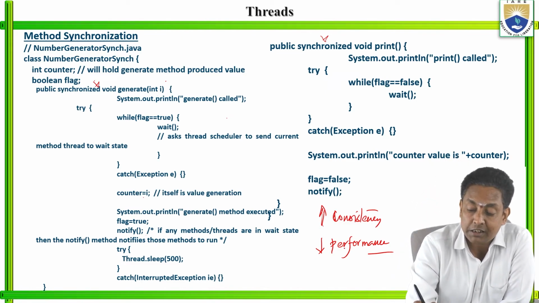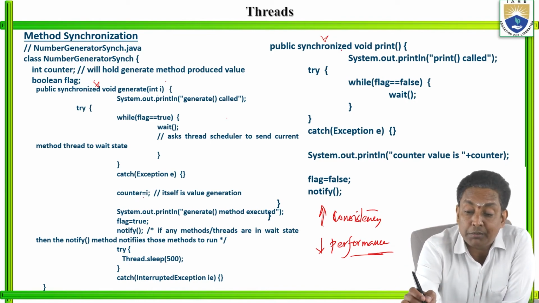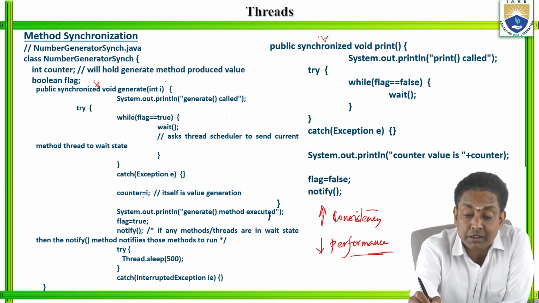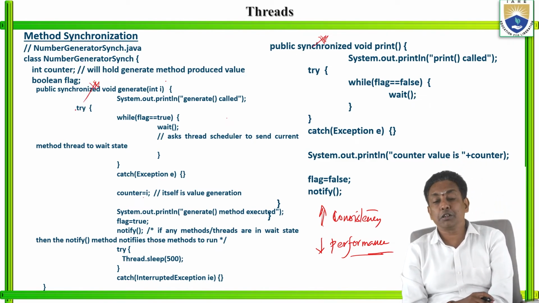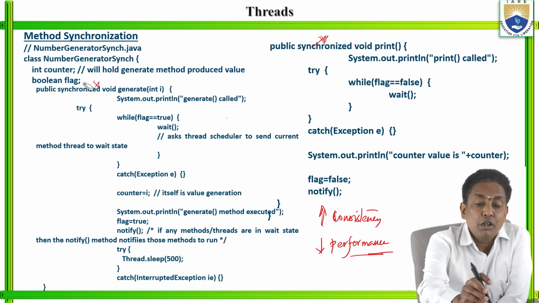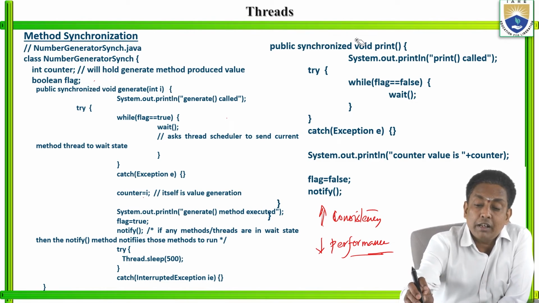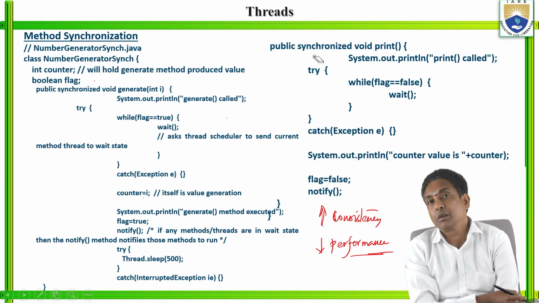Because of increased consistency and reduced performance, tomorrow if the generate and print methods want to run as normal methods, without the synchronized keyword, you cannot come and modify the method signature here.